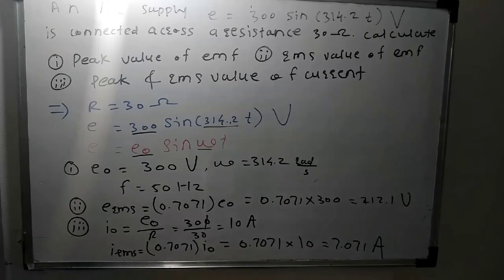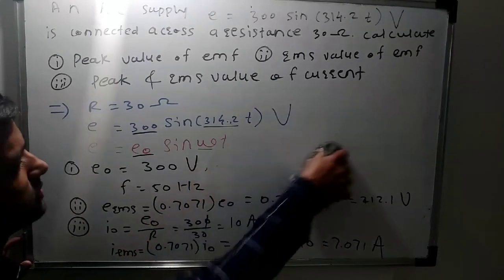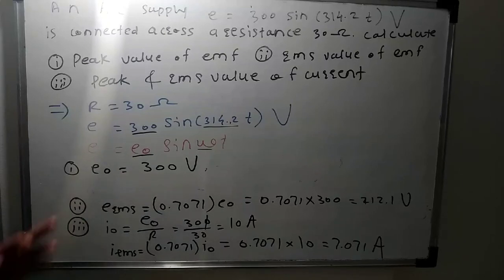Actually there is no question to determine the value of omega and the frequency, so we are concerned only with the peak value, E naught equal to 300 volt. In the next part, ERMS is nothing but 0.7071 of E naught. If you put in the value, we will get ERMS as 212.1 volt. In a similar manner we can determine the peak value of current and the RMS value of current.